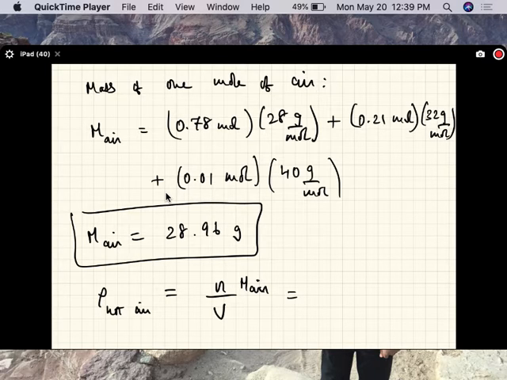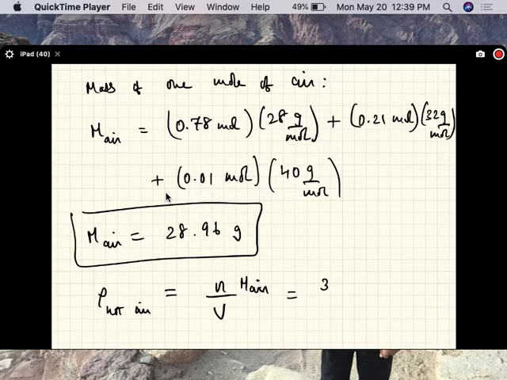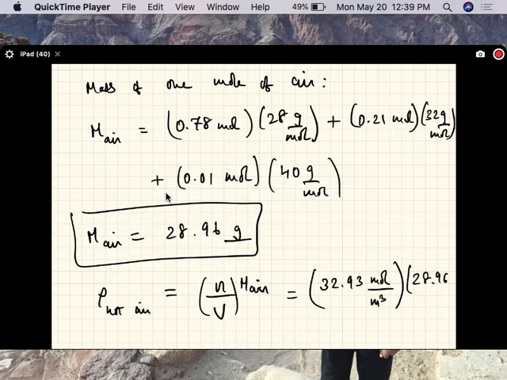And we have 32.93 moles per cubic meter, and 28.96 grams per mole. Okay.